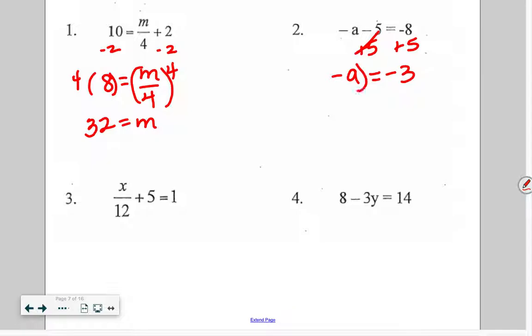Multiply by negative 1. What property is this when we multiply by a negative 1? What property is that? It's super fancy. Go find it.